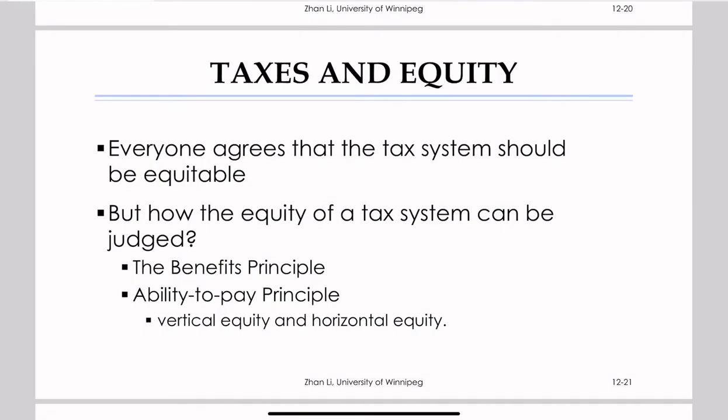And here, we will try to use two principles to judge how equitable this tax system is. The first is called the benefits principle. The second is called the ability to pay principle. And then the ability to pay principle can be divided into two kinds of principles: vertical equity and horizontal equity.